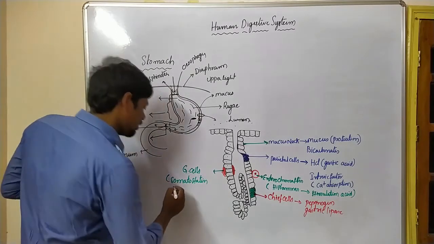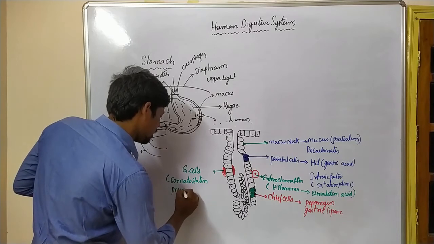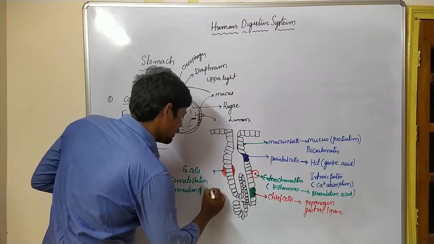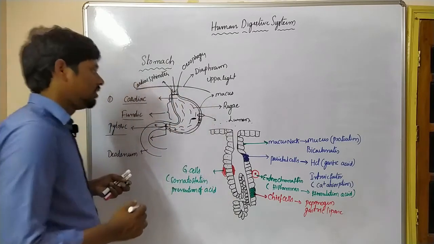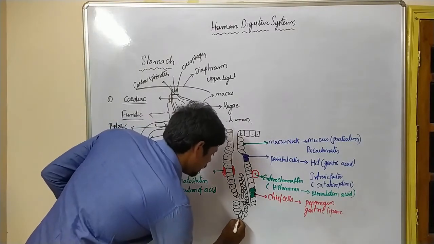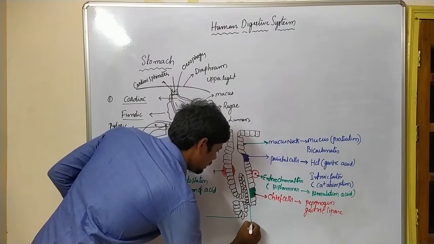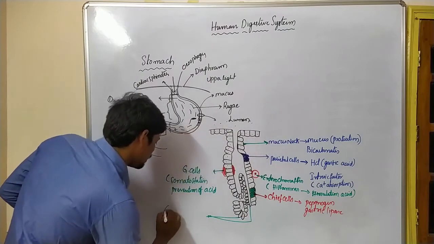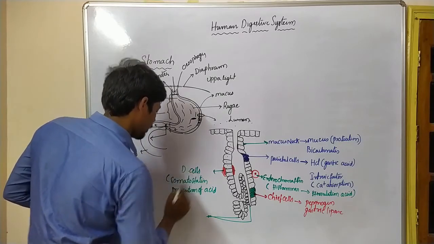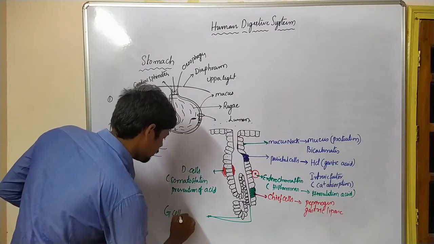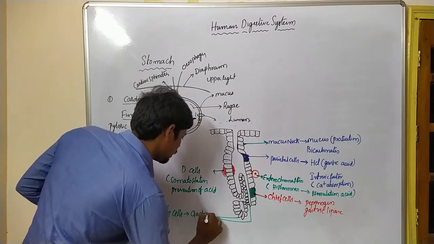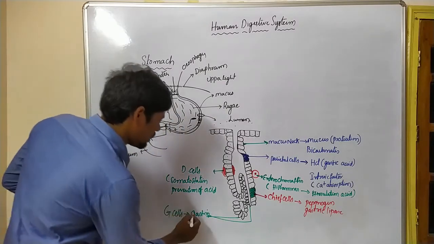This somatostatin is essential for the prevention of acid. It prevents the production of acid in the stomach region. And next to this one, there are G cells. G cells produce the gastrin.